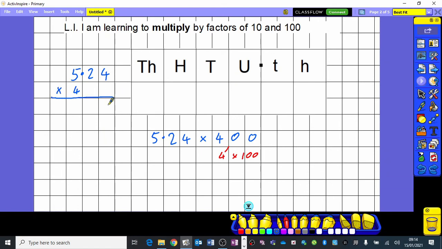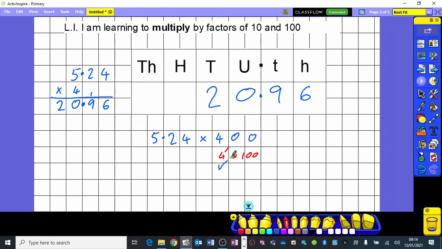So 4 times 4 is 16. 4 times 2 is 8, but add on that 1 is 9. Remember our decimal point, very important. 4 times 5 is 20. So we have 20.96. So we've multiplied by 4 effectively.